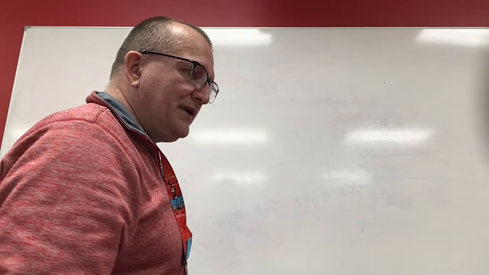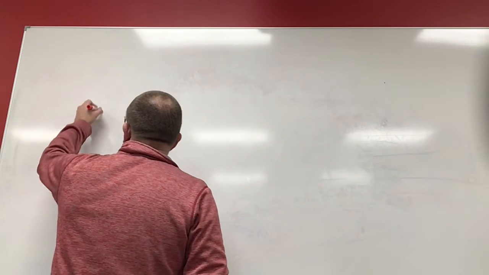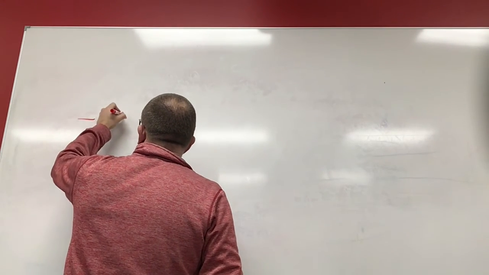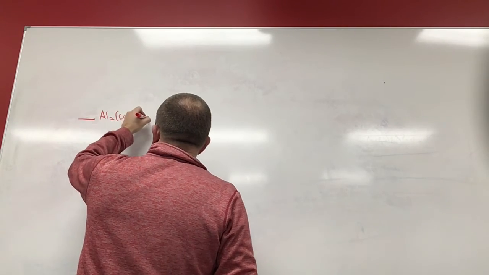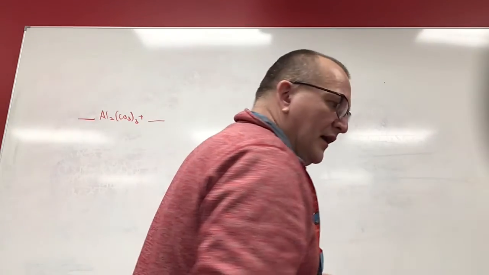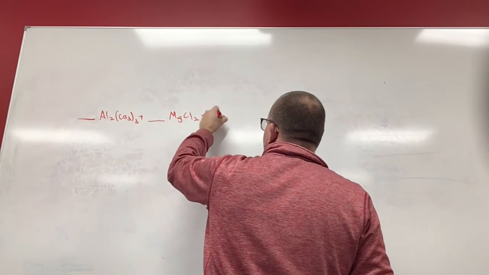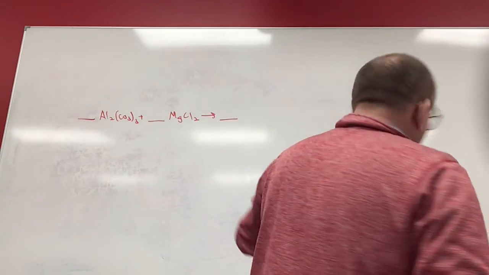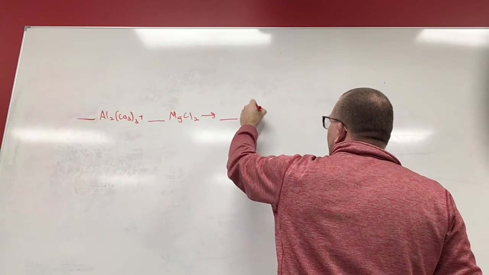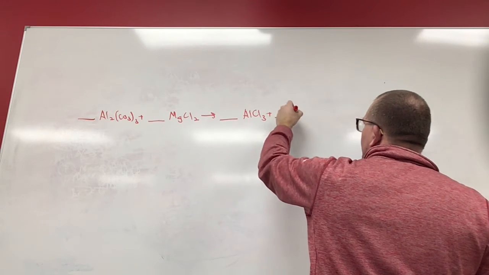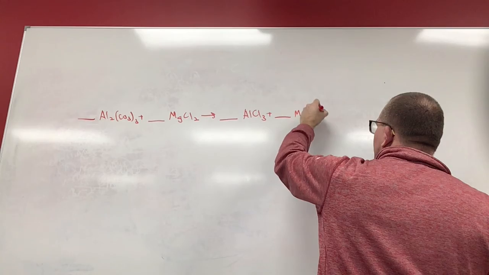Now let's look at letter B, aluminum carbonate plus magnesium chloride makes aluminum chloride and magnesium carbonate.